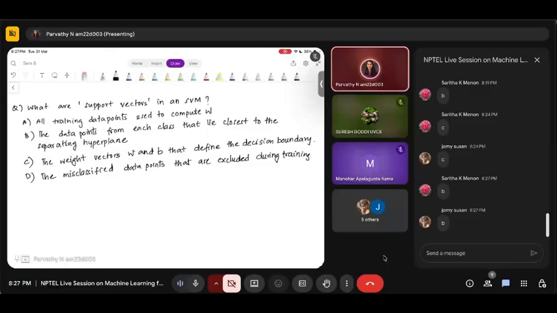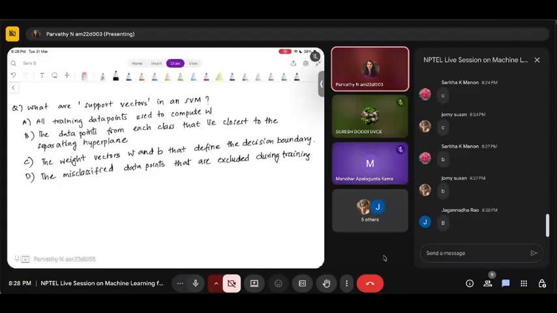So what are support vectors in an SVM? All the training data points, the data points that lie closest to the separating hyperplane, the weight vectors W and V, misclassified data points. So support vectors are the specific training points that lie exactly on those boundaries.